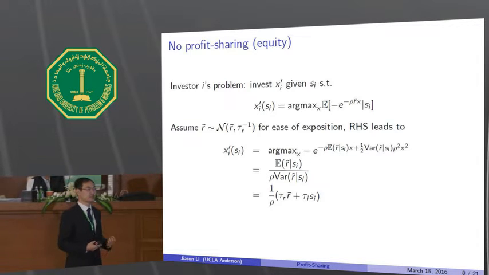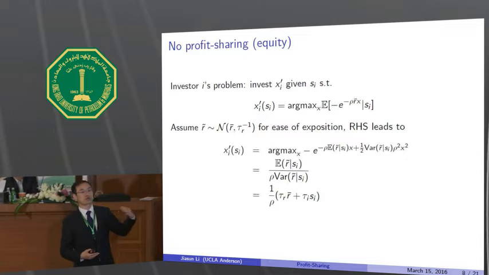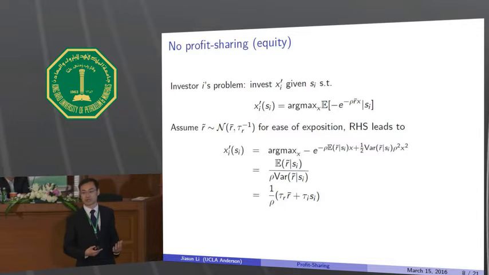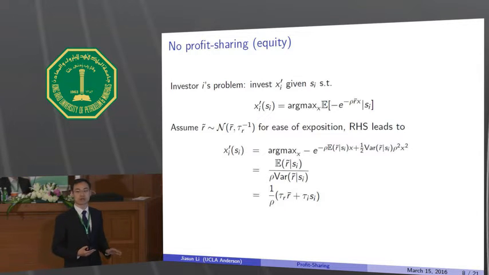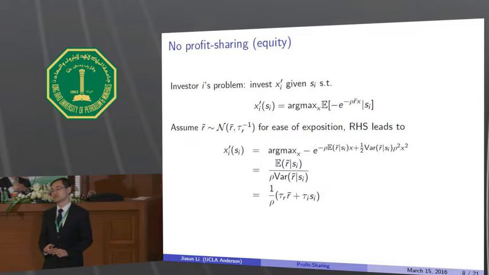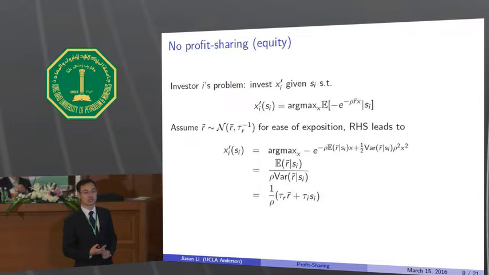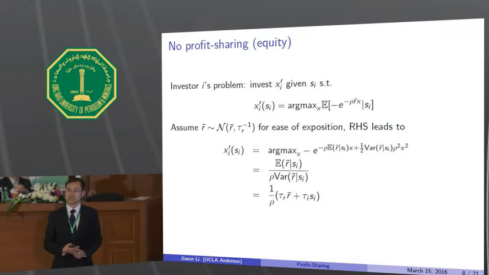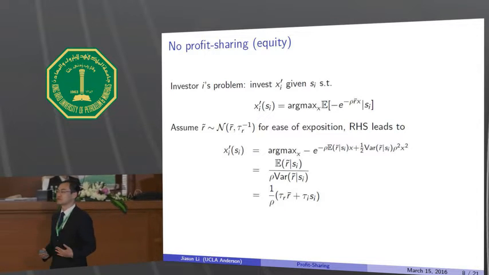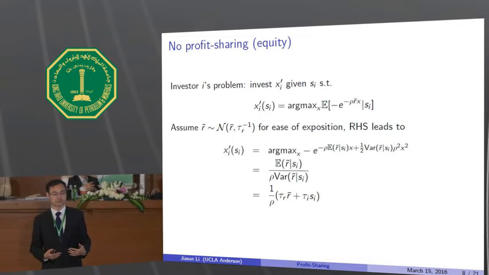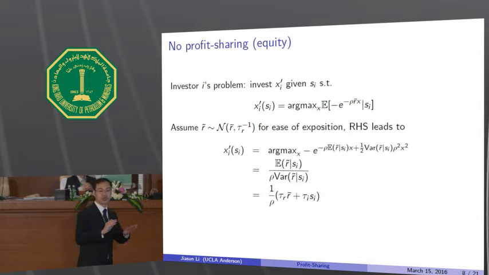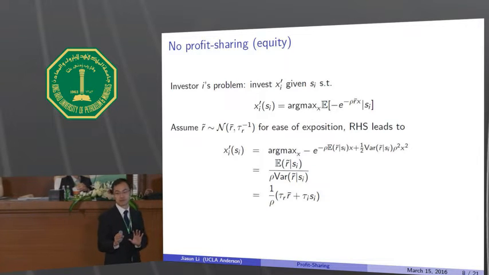The second case: what if we still have a typical equity contract, but we can communicate our private information prior to making our investment choices? What's going to be the optimal investment rule? And the third case: what if we have a 50-50 profit sharing rule, but there is no communication of private information?